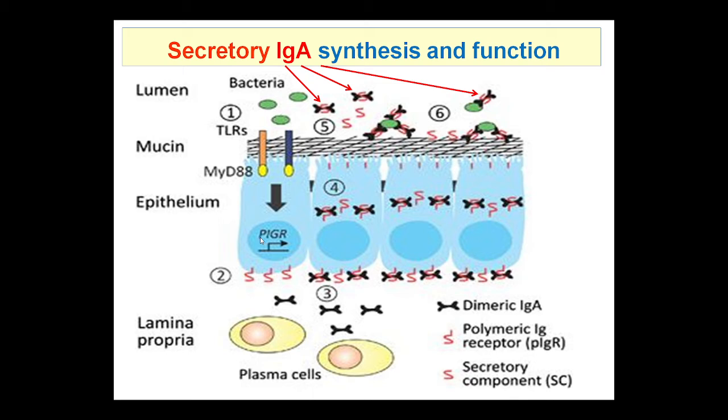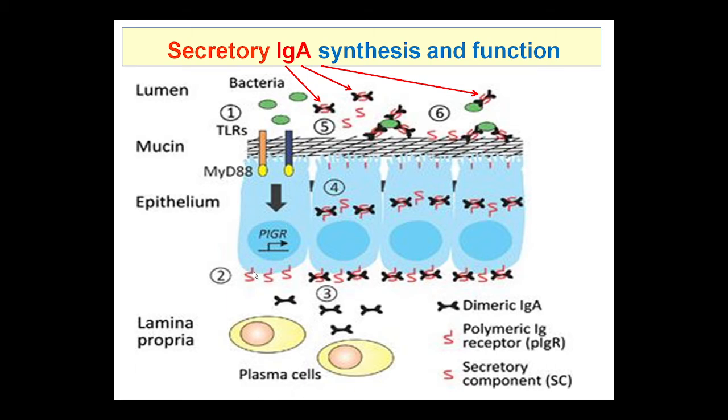The polymeric Ig receptor, PIGR, this is what the arrow demonstrates, that from this sequence of nucleotides transcription and translation are initiated. And finally, this polymeric Ig receptor appears on the internal surface of the cell exposed to the basal membrane. They are the brown molecules. They are parts of the secretory component.